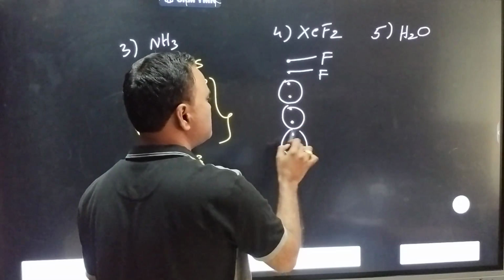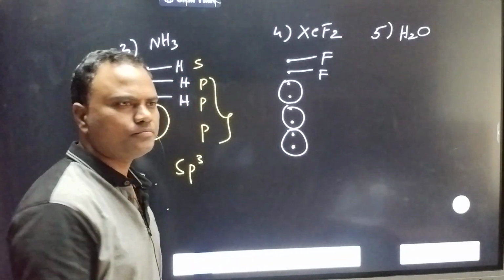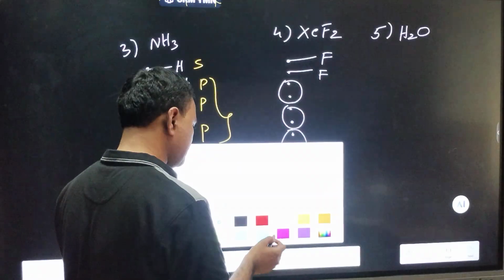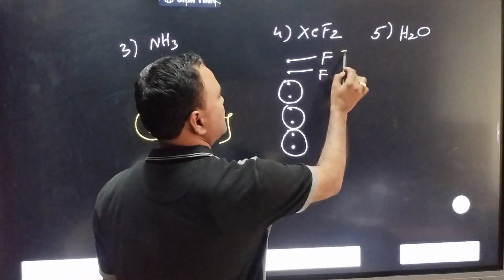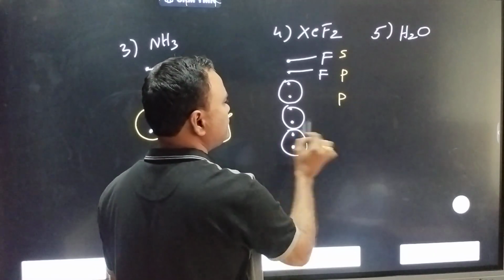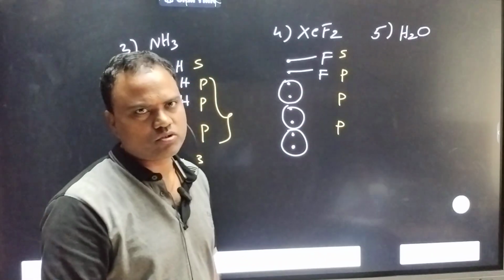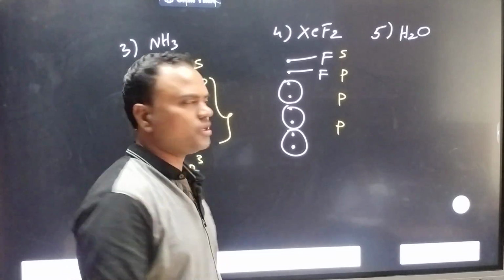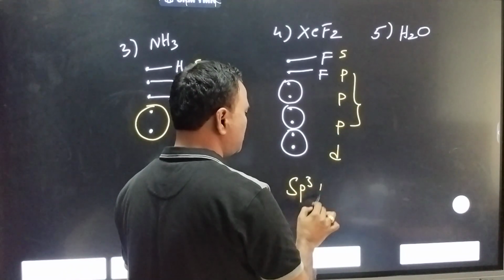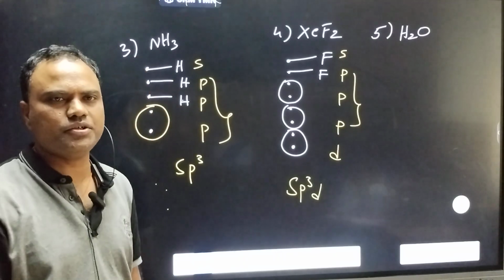Circle, circle, circle. Okay, allot orbitals. Yes, p for this circle also, p for this circle also. Already three p orbitals are over. Next, d. So sp3d hybridization.